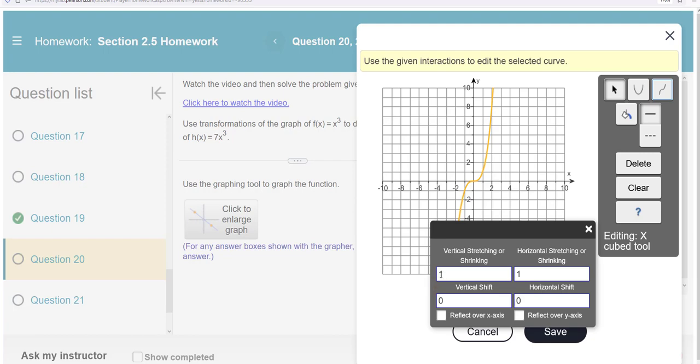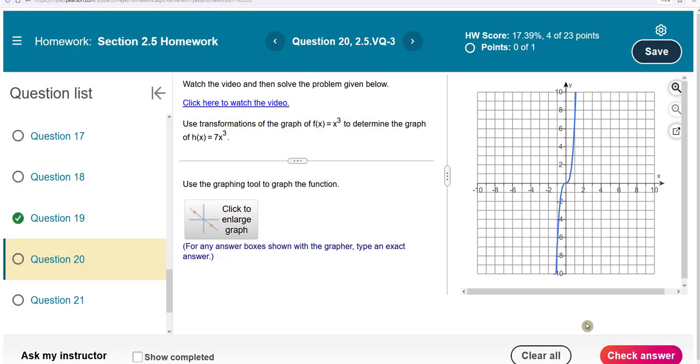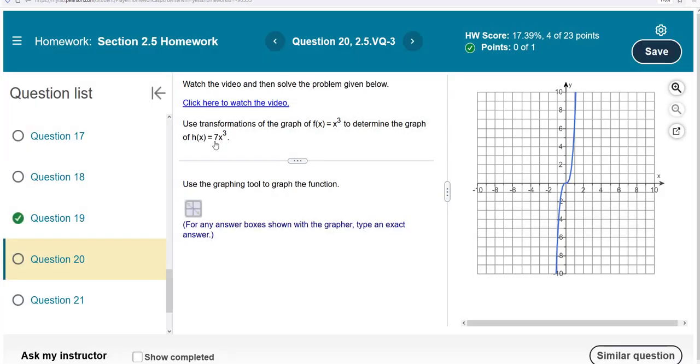So I'm going to go ahead and put 7 on here. I don't have to do anything else. There's no reflection or anything. And as you can see, my graph changed. I click save and check answer. So you got to be mindful of when you do a horizontal shrinkage or stretch versus a vertical shrinkage or stretch. So in this case, this was a vertical one. Okay. Hope this helps.